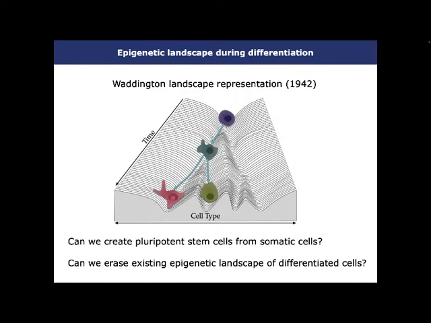Because a differentiated cell has a very unique pattern of epigenetic landscape, such as DNA methylation or histone modifications, and to make these differentiated cells into pluripotent stem cells, we have to remove all this established landscape and make it return to the initial status.